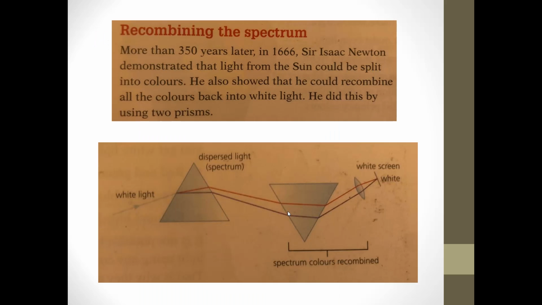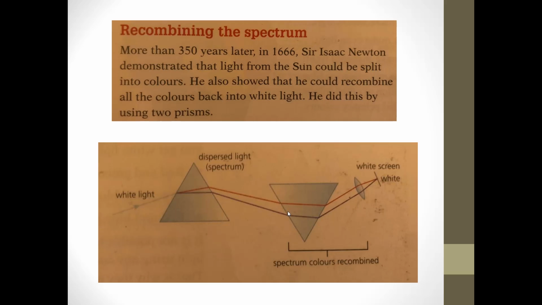How to recombine the spectrum? More than 350 years ago, in 1666, Isaac Newton demonstrated that light from the sun could be split into colors. This is dispersion.